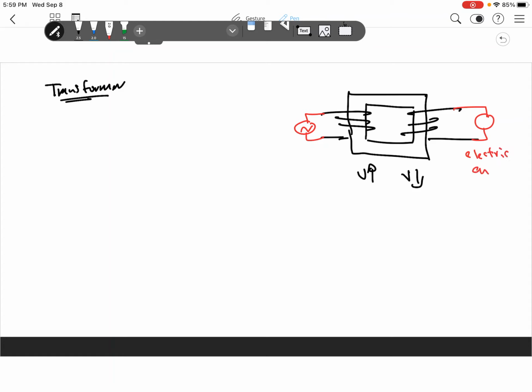So this electric energy as output and also electric energy as input.